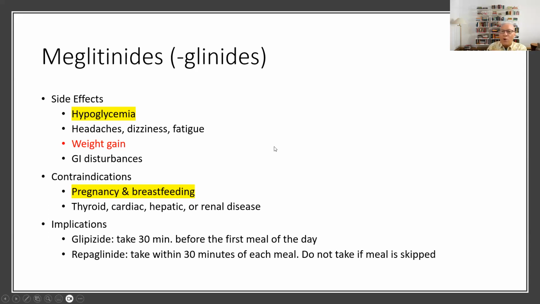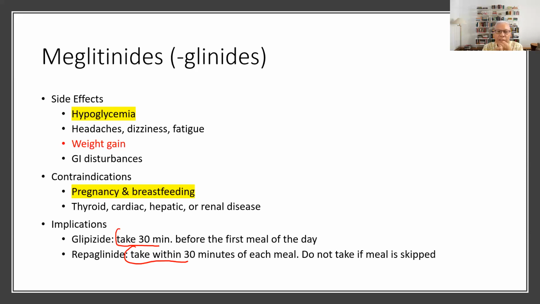Well, it is going to be important for the patient to eat immediately or to take it immediately close to a meal, right? Because of the risk of hypoglycemia. So we need to make sure that it is taken within 15 to 30 minutes. So this one and this one. Now, if they skip a meal, obviously they're not going to take this medication.